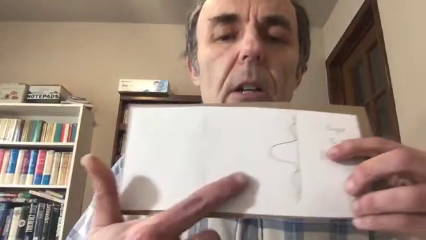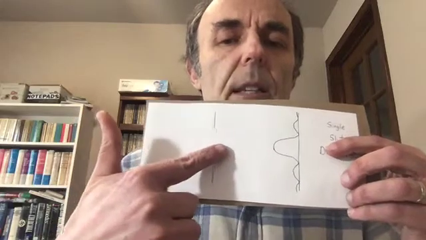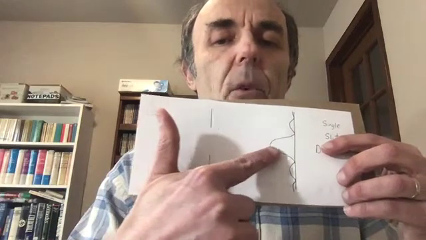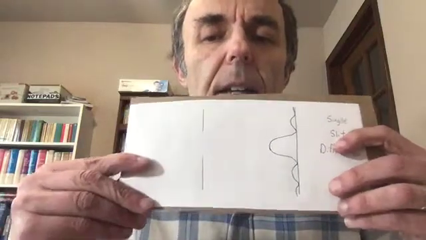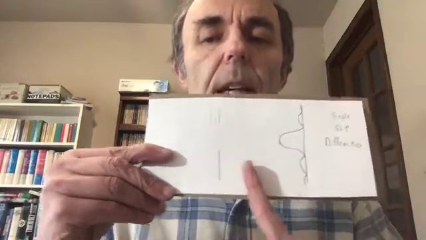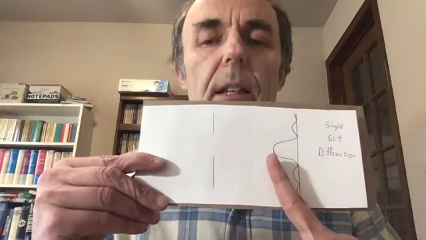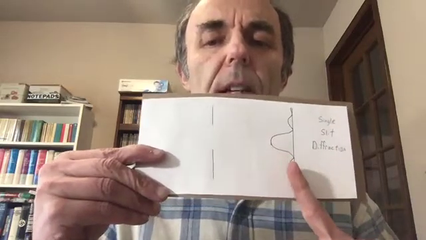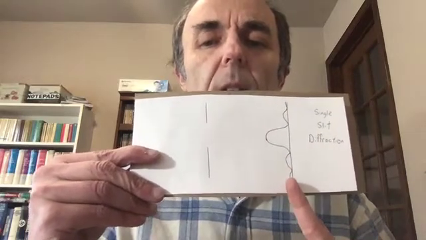Here, if you start with your light over on this side, and it passes through this single slit and then forms a pattern on the screen over here, what you'll find is you get a large central maximum right at the center of the slit. Then it falls off to 0, and then you get these subsidiary maxima, which are much weaker.